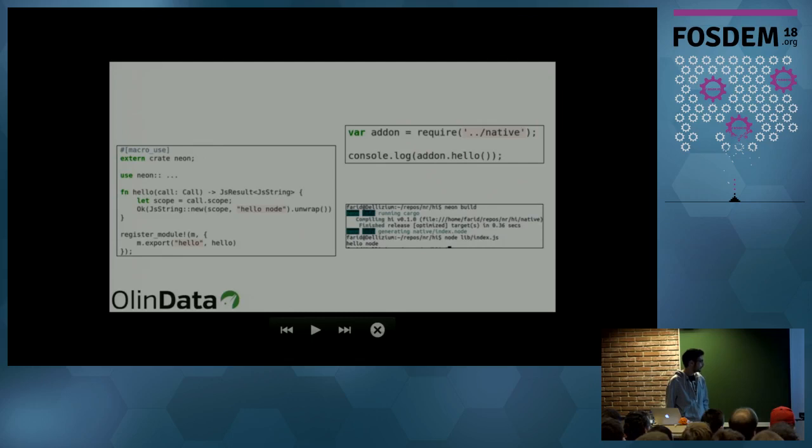So you can see Neon created a register module macro, and then using that you can export your functions. And at the same time, it also brought the JS types. For example, here we use the JS string. So there is JS null, JS undefined, JS number, all these things. And it built this on top of the V8 bindings, which is the JavaScript engine for Node.js.